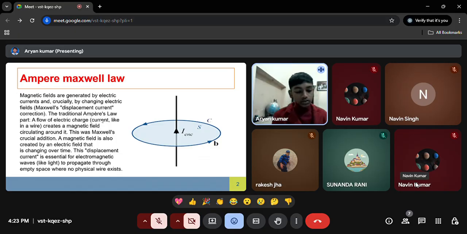Ampere's Maxwell law. So magnetic fields are generated by electric currents and crucially by changing electric fields. So Maxwell's displacement current correction. This was Maxwell's crucial addition. A magnetic field is also created by an electric field that is changing over time.